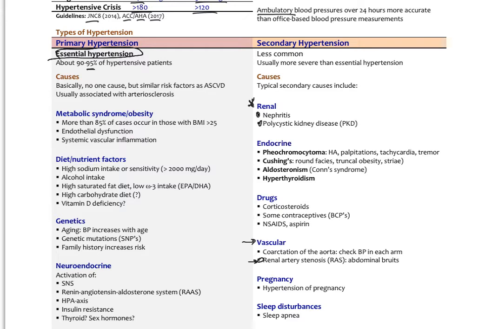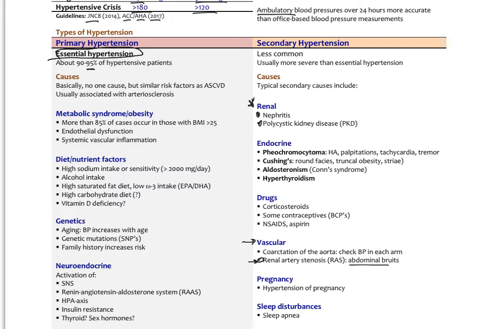So the kidneys perceive a decreased perfusion, and they're going to start churning out renin. So remember the whole renin, angiotensin, aldosterone system. If you don't, go back and review that. So when that's activated, that will raise blood pressure. This can actually be assessed through physical exam, listening for abdominal bruits. So that's the renal causes.